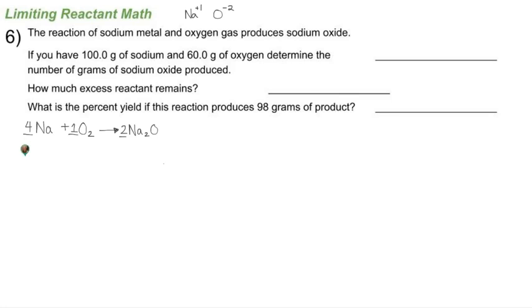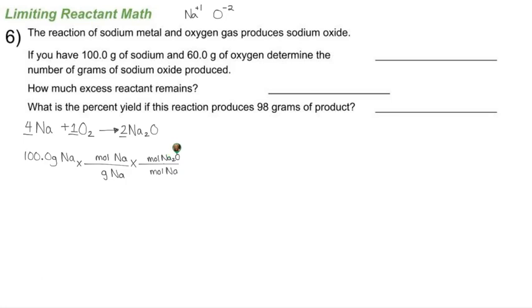So we'll start with those two given values, 100.0 grams of sodium. We will first go from grams of sodium to moles of sodium, and then from moles of sodium to moles of sodium oxide.